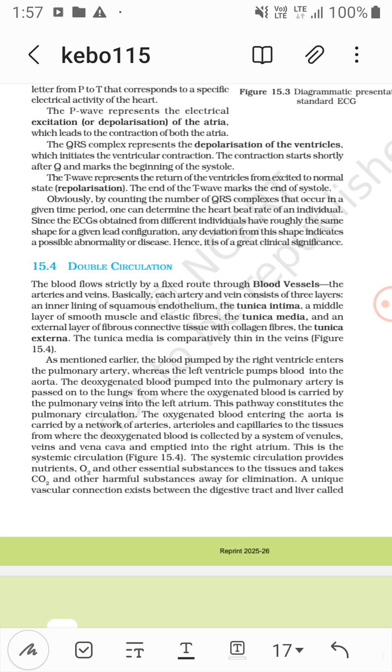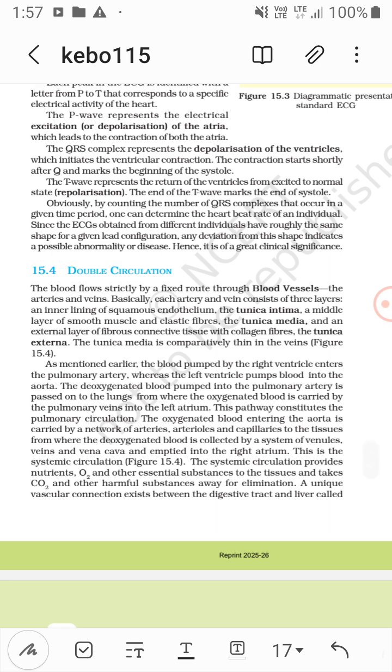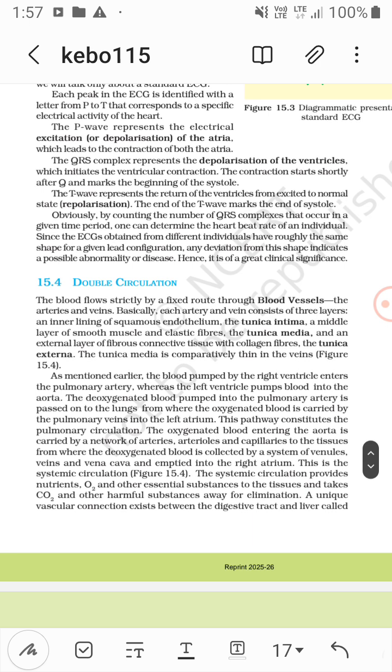Now the blood vessels have three layers: tunica intima, tunica media, and tunica externa. The tunica intima is the inner lining of squamous endothelium.